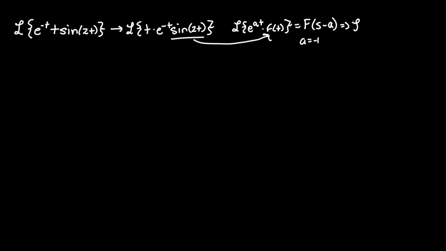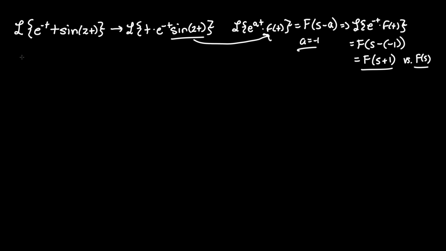Thus, Laplace of e to the negative t times f of t should equal F of s minus a, where a equals -1 here. So when we take our Laplace of sine of 2t, our f of t function, we need to take every s term and convert it into s plus 1 versus the original F of s.